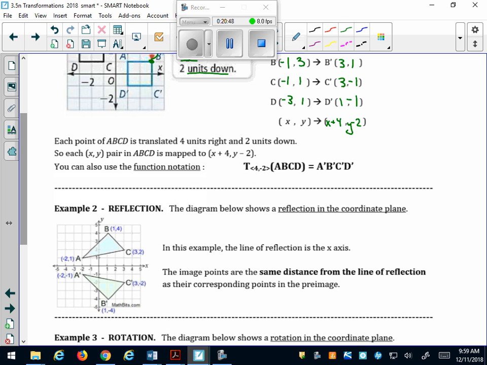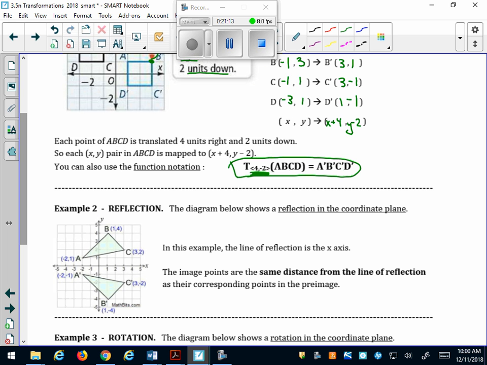This is another notation. See this right here? Those little carets like this, right? Instead of putting x plus 4 and y minus 2, they just do this little notation with a positive 4, comma, negative 2. It's still in the xy order. Positive 4 means you go to the right 4.